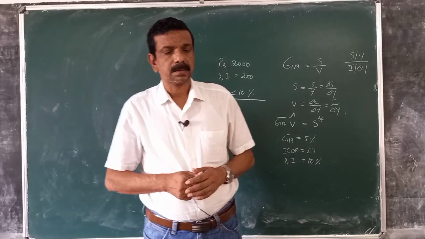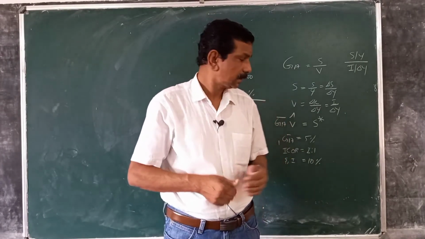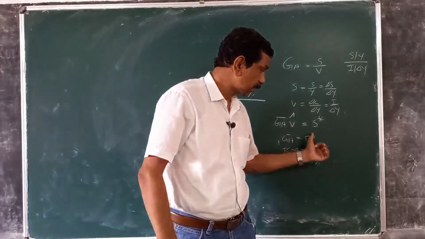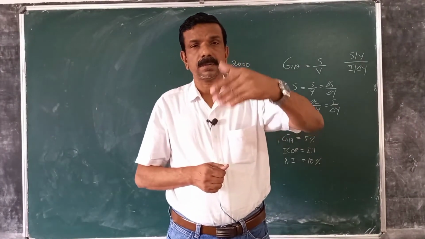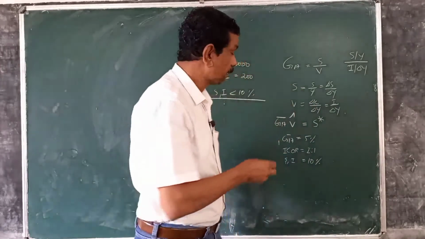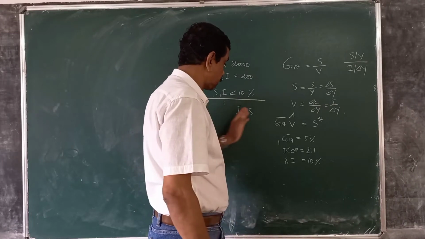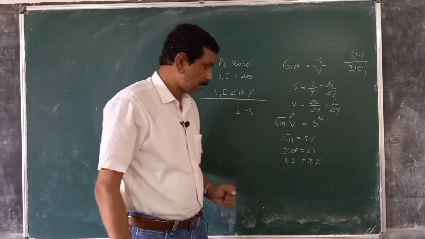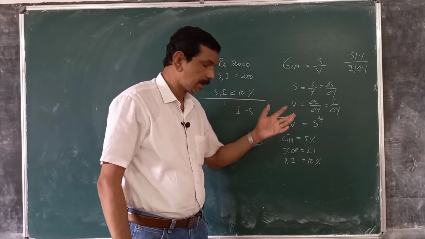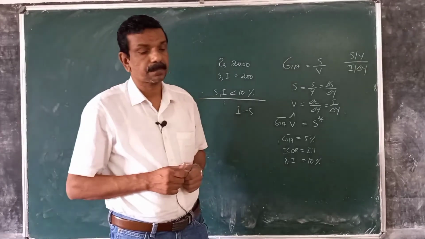That means the domestic investment is not sufficient to achieve a growth rate of 5%. So there is a saving investment gap, I minus S. 10% investment is required, saving is only say 8% or something. So there is a saving investment gap.